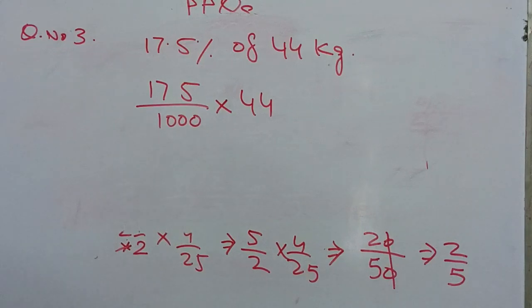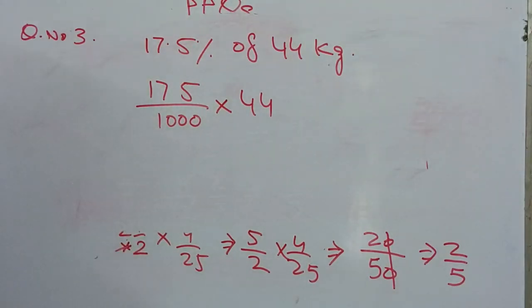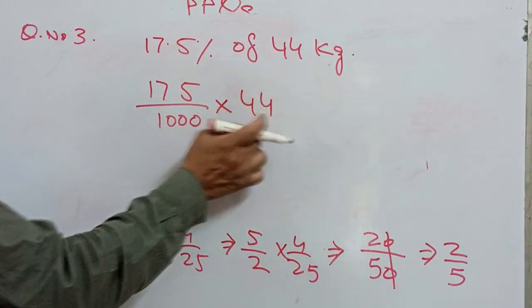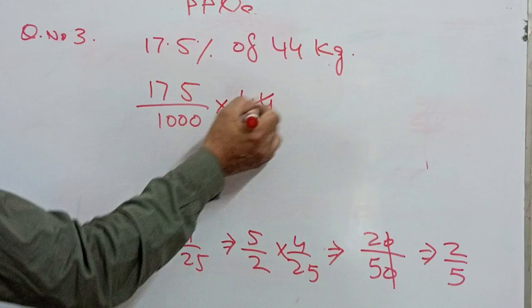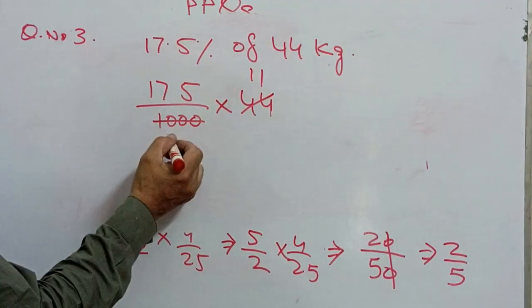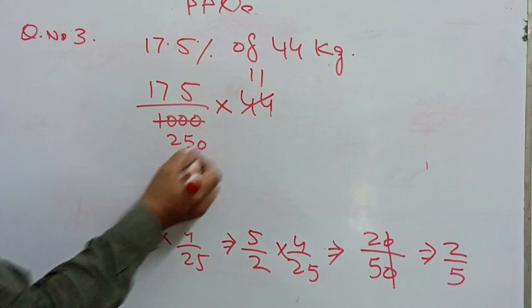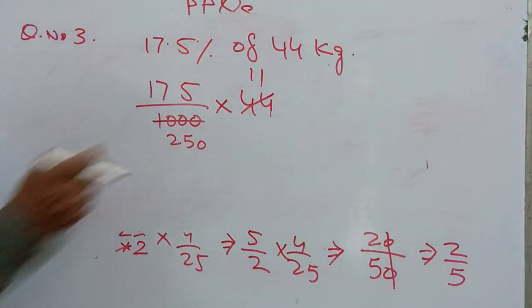Now see if it is divisible by 4. Yes, this is divisible by 4, and this is divisible by 4. This is 11 times, and this is 250 times.